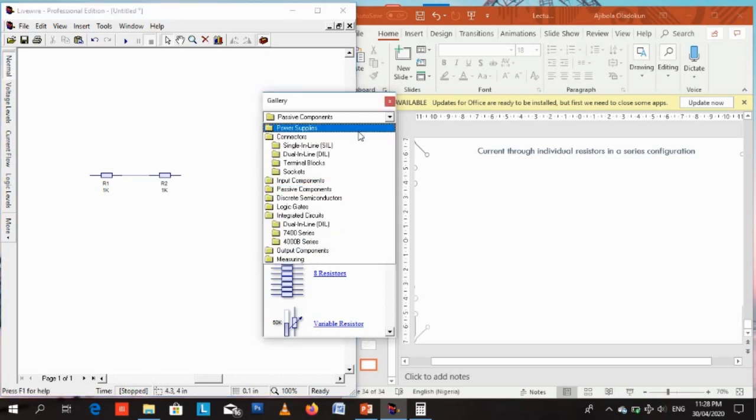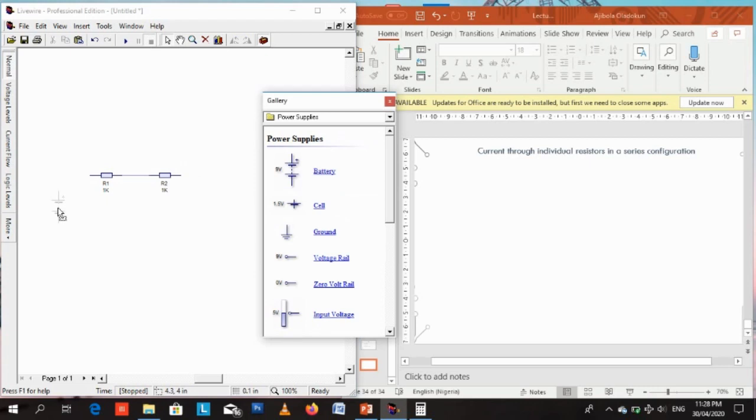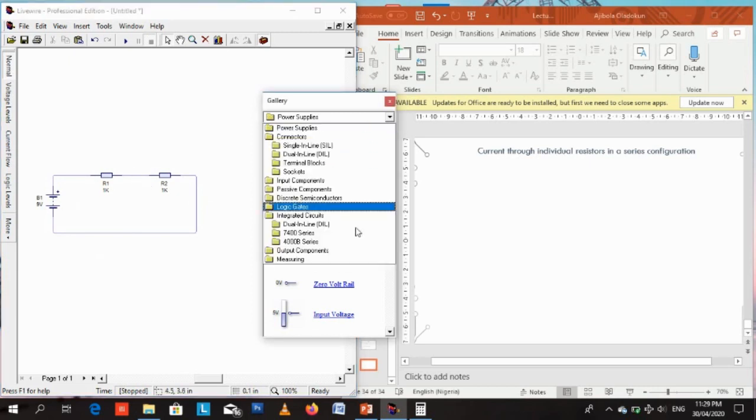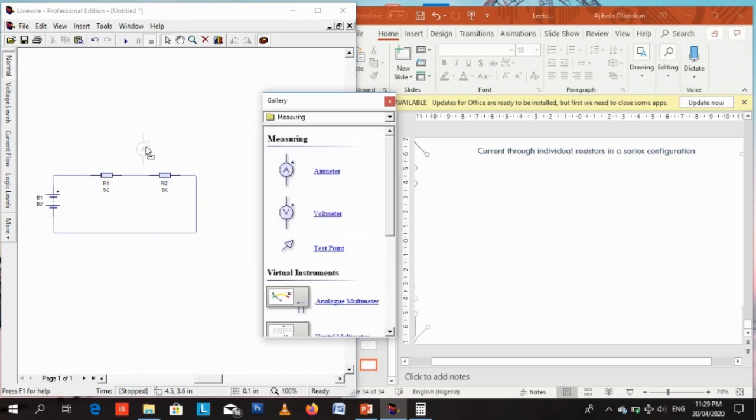Power supply: 10 volts, 9 volts. After I'm done, 9 volts. Connect a 9 volt battery. We are connecting the 9 volt battery across 2 resistors in series. We've done this before. We're expanding on that a bit.